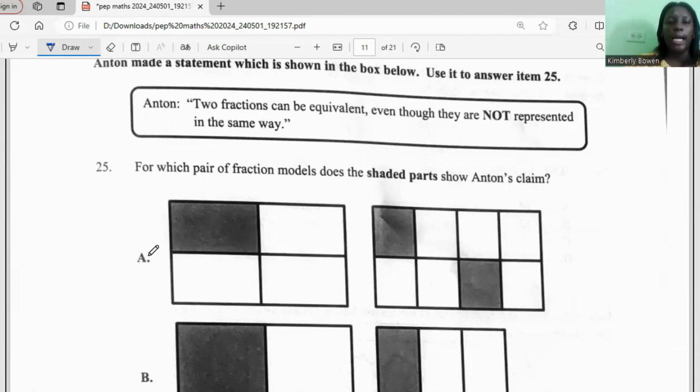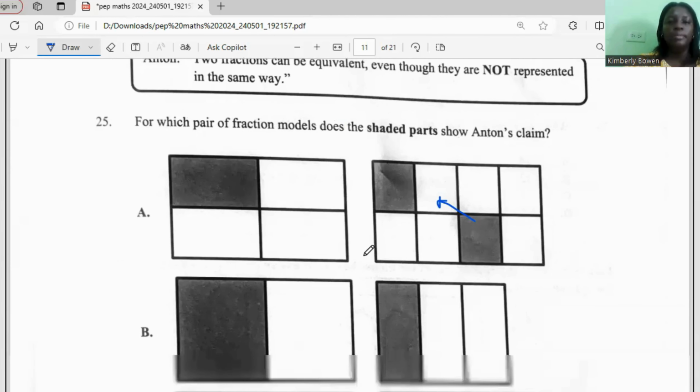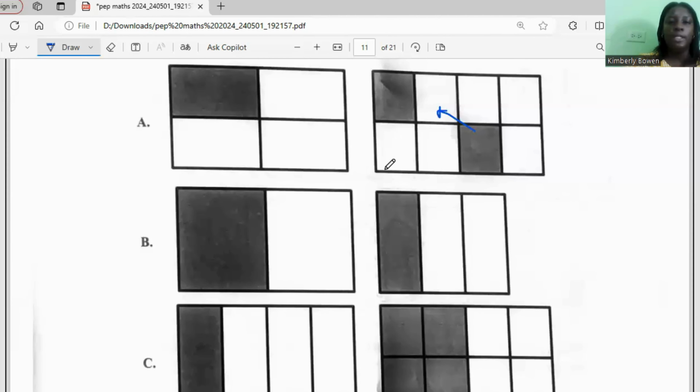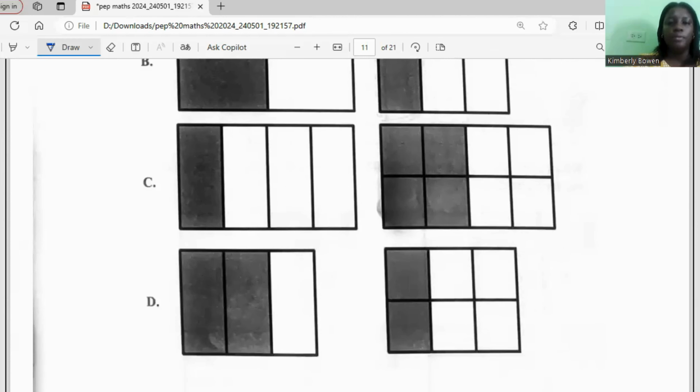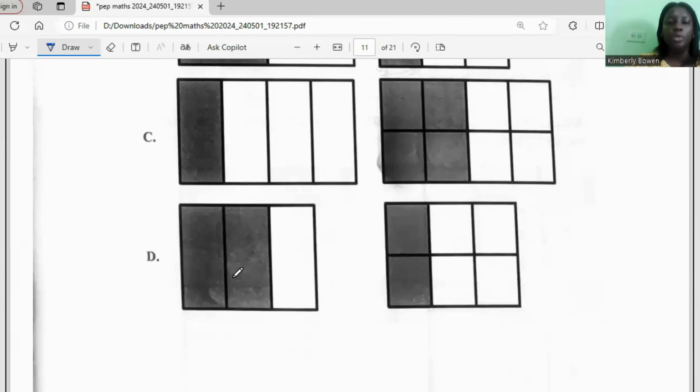It looks to be the correct answer. Because if I bring this one here, it's going to be a quarter that is shared, and this is a quarter that is shared. But let's look at the other options. This is not correct. This is a half, and this is 1/3. This is a quarter, and this is half. And this is 2/3, and this is 1/3 of the fraction part.